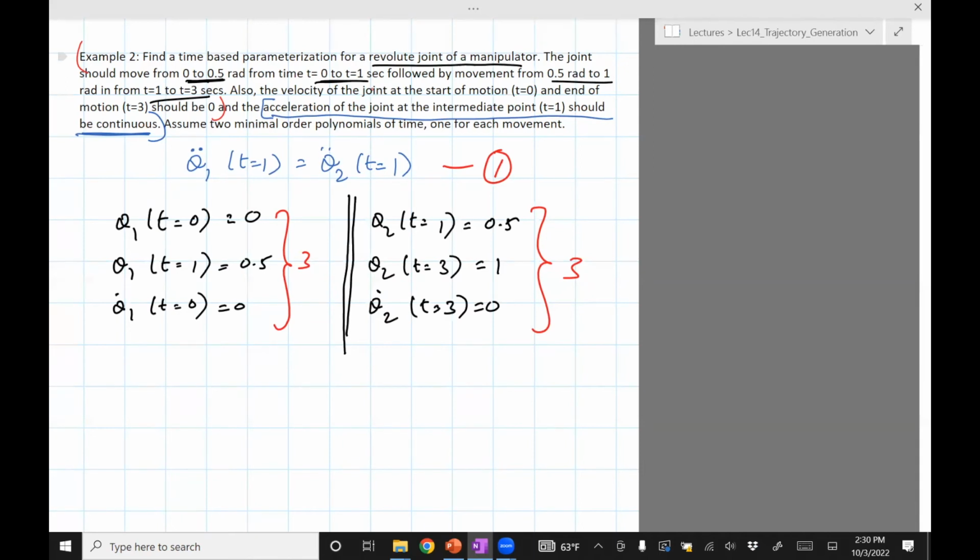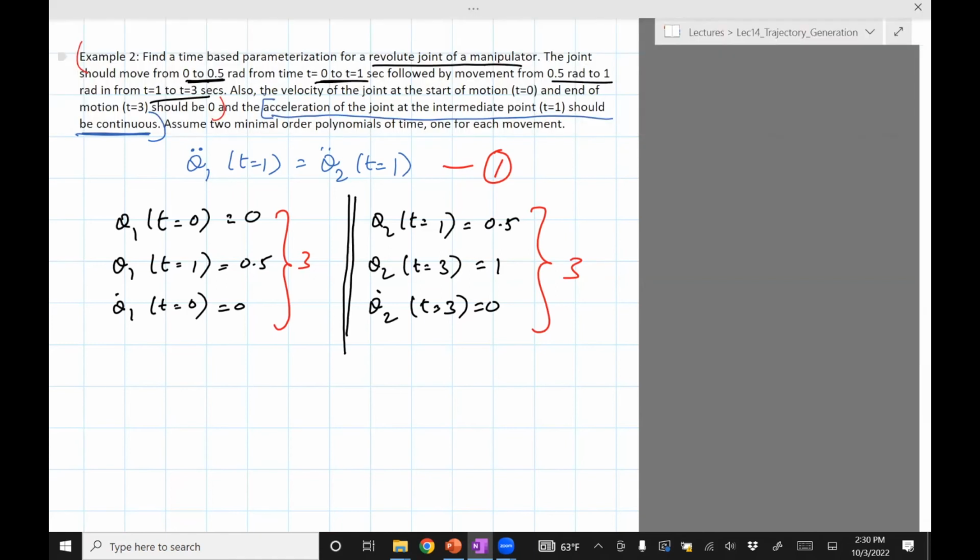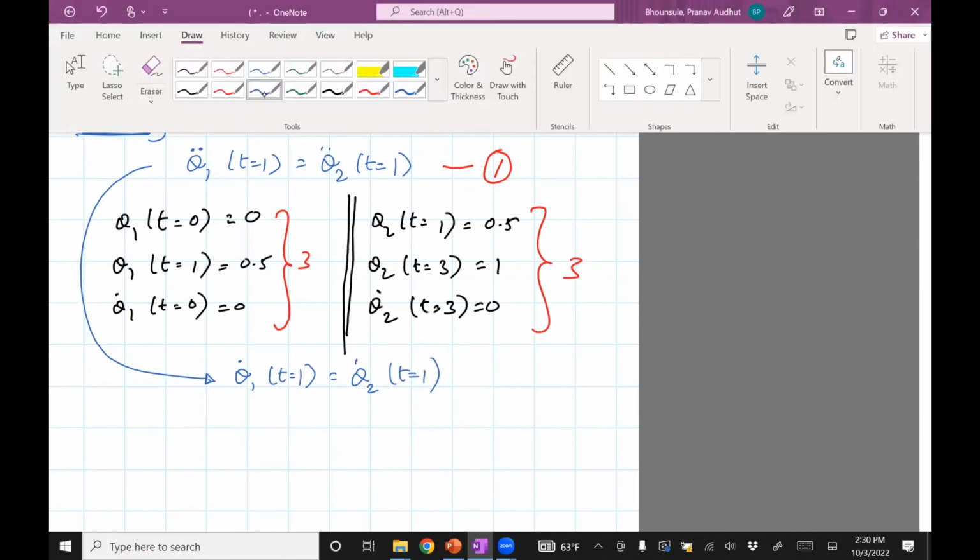Now, it turns out that if the acceleration is continuous, the velocity has to be continuous. And so another condition which I need to add here is theta1 dot at time t equals 1 equals theta2 dot at time t equals 1, even though it's not specified, and that's my 8th condition.